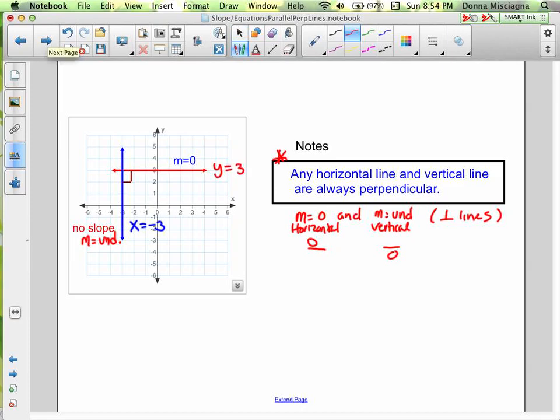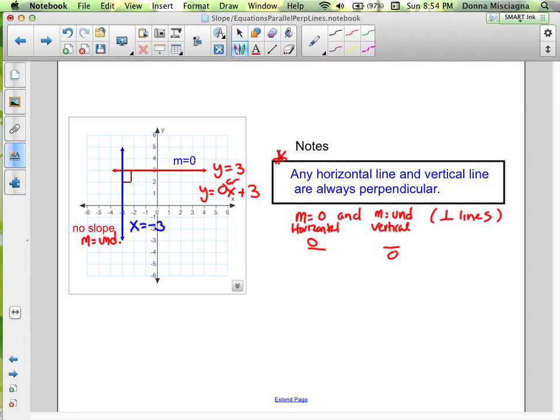Technically, we could also write it as y equals 0x plus 3. That would be the same thing. Horizontal and vertical lines are always perpendicular. The horizontal line has a slope of 0, where the 0 is in the numerator. The vertical line has an undefined slope, where the 0 is in the denominator.